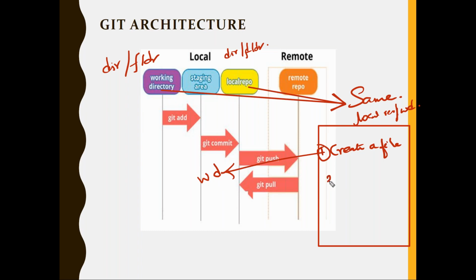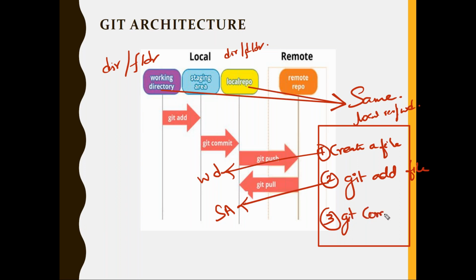Then after creating the file, if you run a command called git add with that file name, it is said to be in the staging area. Then again, if you run a git commit command, only then is it said to be in the local repository. Physically it's in the same folder, but logically it's different. That's why in the architecture we see it as working directory, local repository and so on. Just imagine they overlap one another. It's the same folder. Got it, all of you?